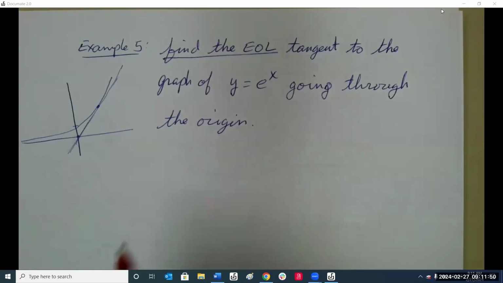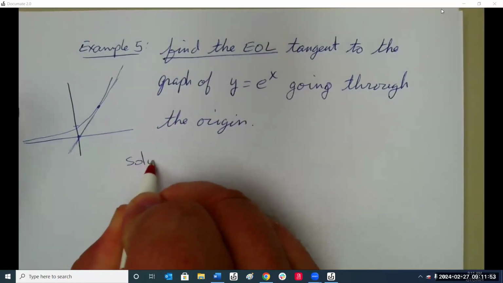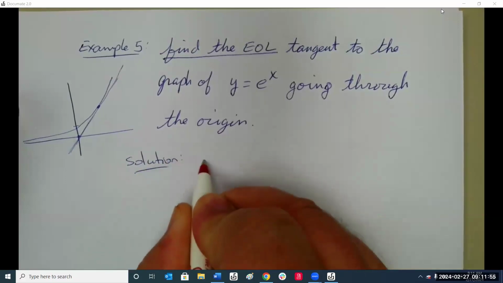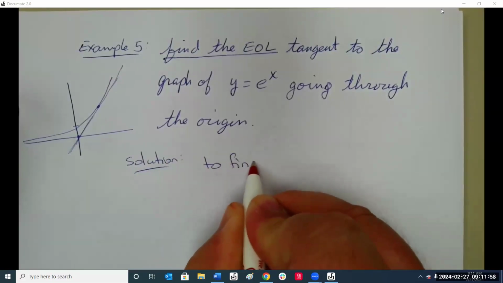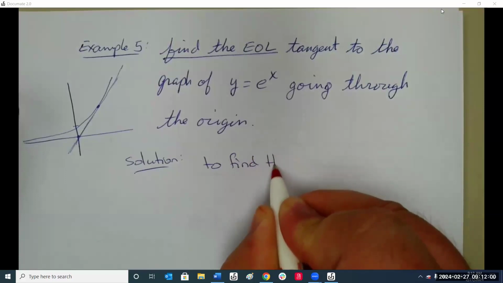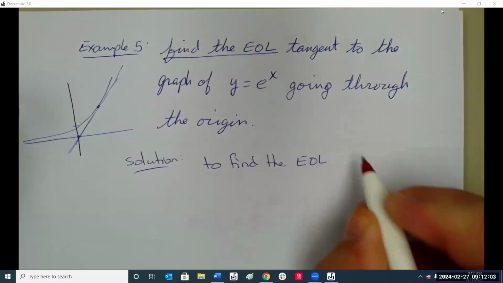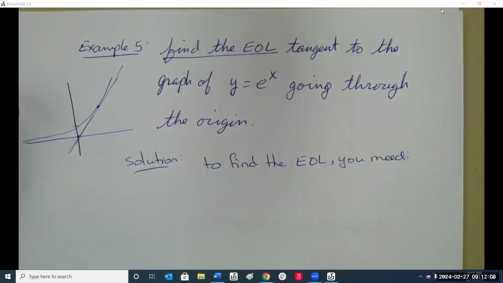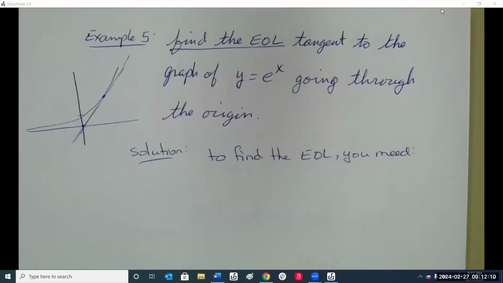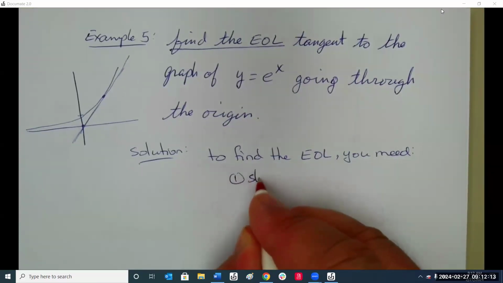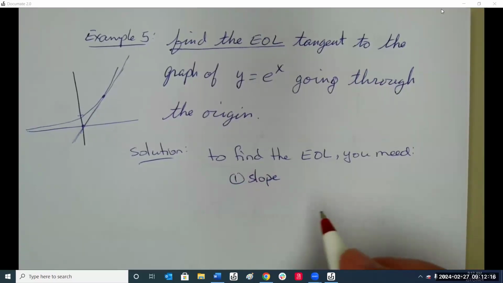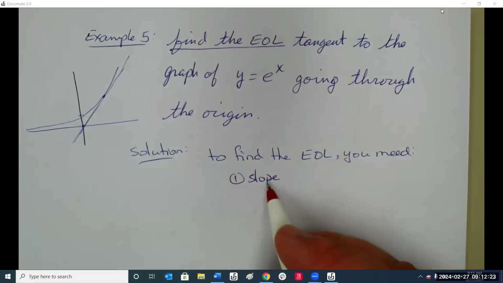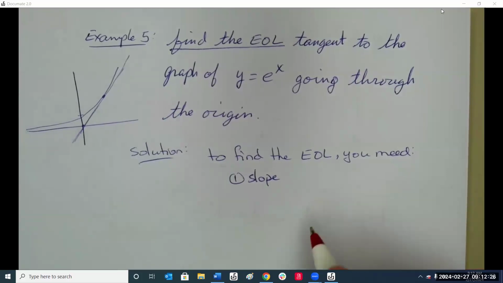So what do you need to find the equation of a line? What do you need? You need the slope. Slope of what? Where? Yeah, I mean, it's right. You need slope, but you have to be a little bit more specific now.